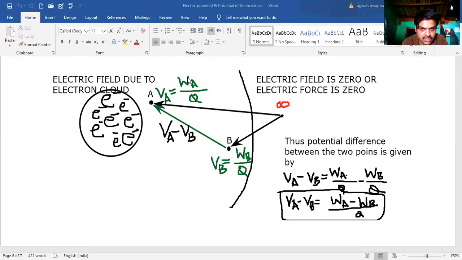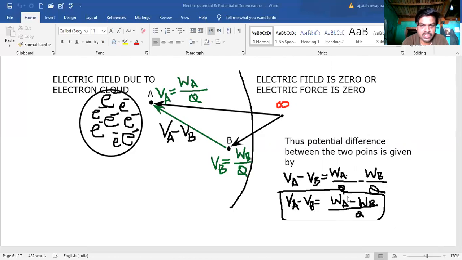VA is nothing but WA by Q, minus VB, WB by Q. WA minus WB divided by Q. The LCM is the same, Q. So this is the expression we use to calculate the potential difference when work done to move the charge from infinity to these 2 points is given.